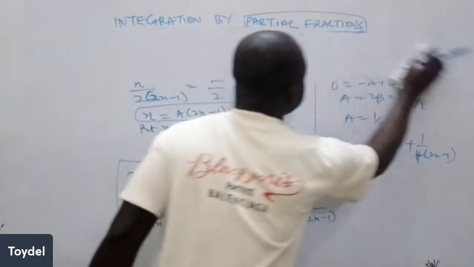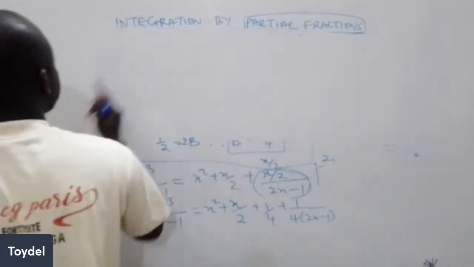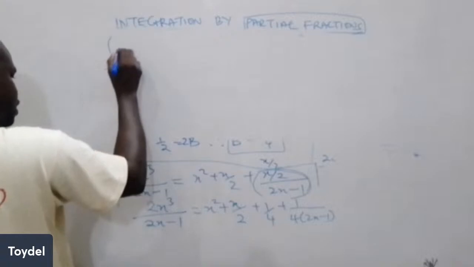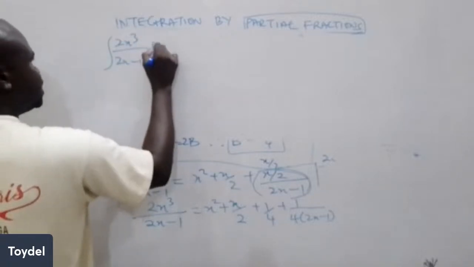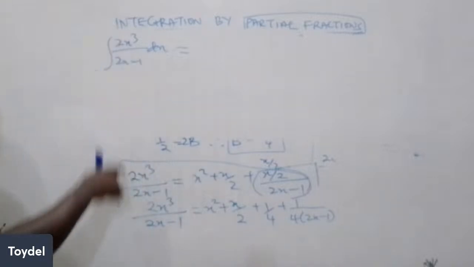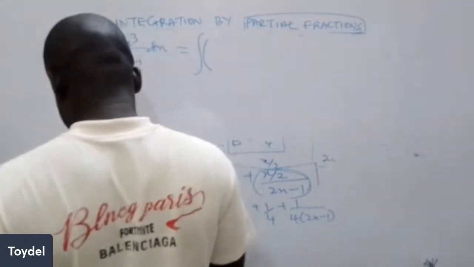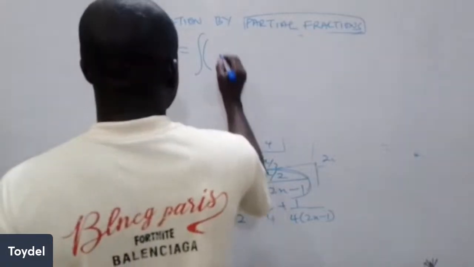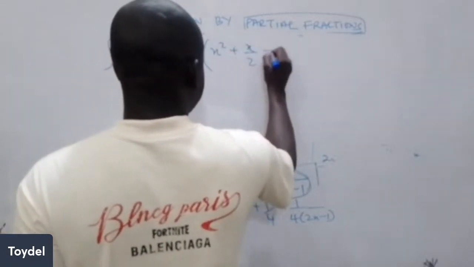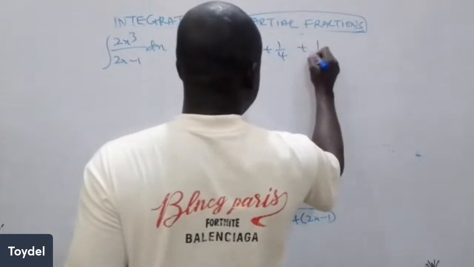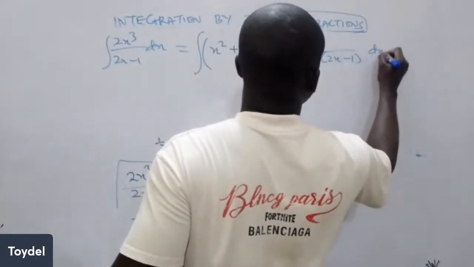So we now go back to the question. And what is the question? We are to integrate 2x cubed all over 2x minus 1 dx. We write out the expression, the integral of the whole expression: x squared plus x all over 2, plus 1 all over 4, plus 1 all over 4 into bracket 2x minus 1, dx.